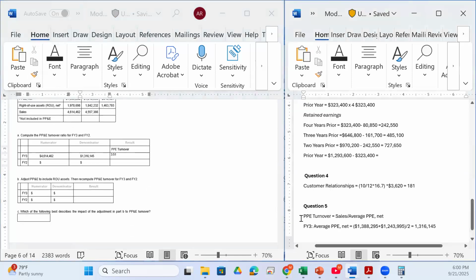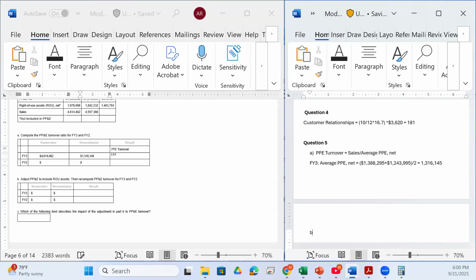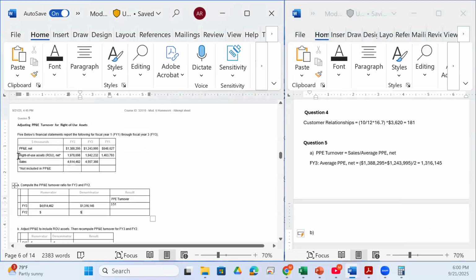Now for part B, so that was part A. For part B, we have to adjust property, plant, and equipment to include ROU. ROU is right of use assets. These are operating leases. Sometimes companies do not buy expensive equipment, they lease it.